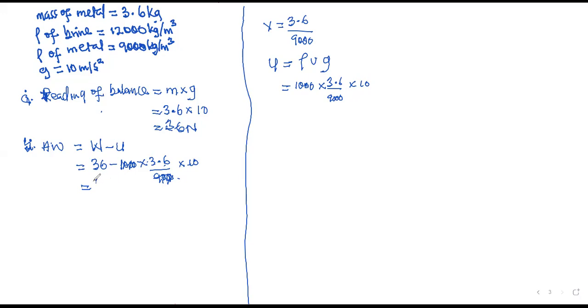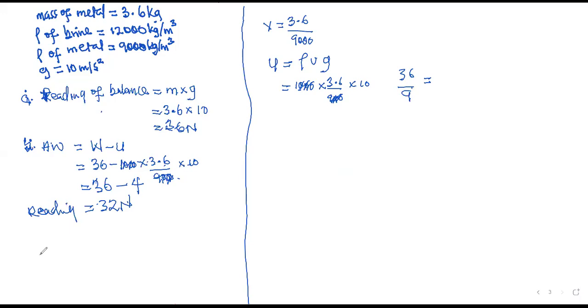So this is 36 divided by 9, and that is 4. So we have 32 newtons as the apparent weight. And the apparent weight is the reading of the balance, so the reading of the scale will be equal to 32 newtons.